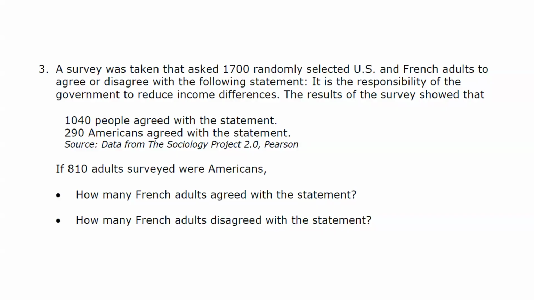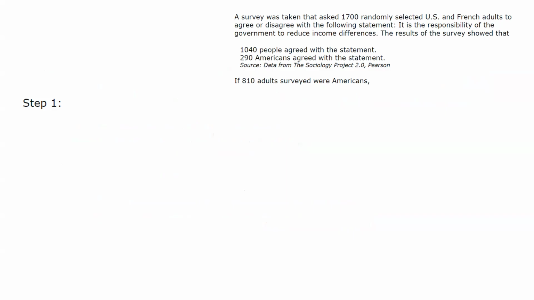Okay. So in step number 1, we are going to define our sets and then draw a sketch of what our Venn diagram is going to look like. So in the top here, I have my problem statement. I've eliminated the questions for now, as we'll answer those in step 3. Okay. So I have 2 sets.